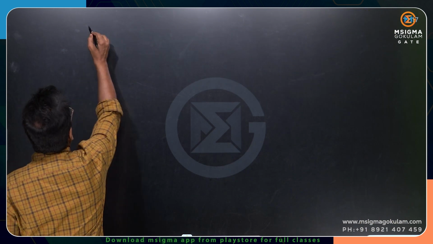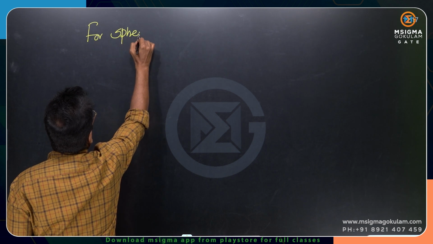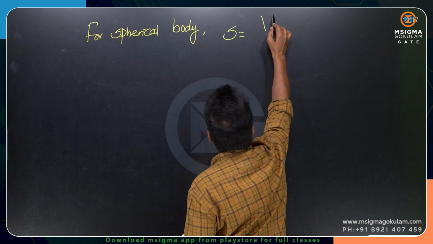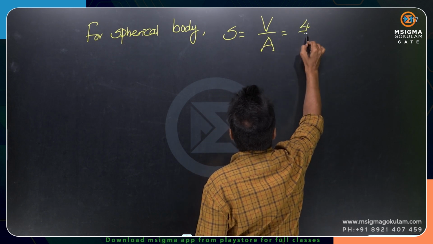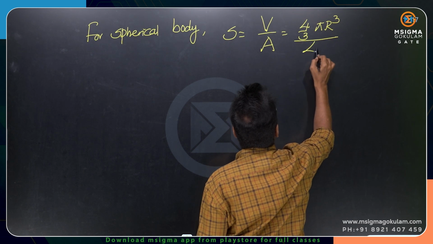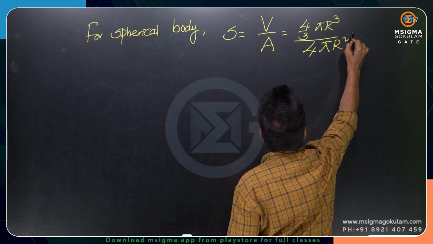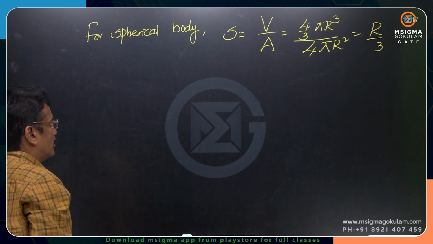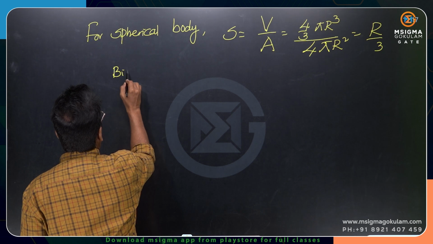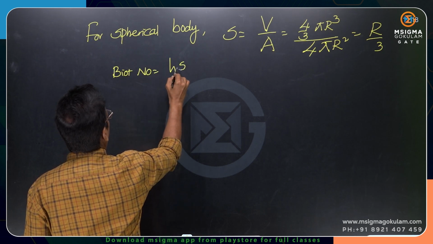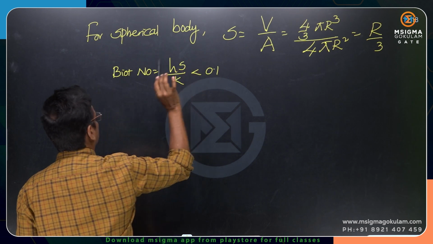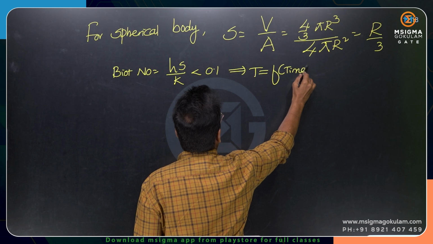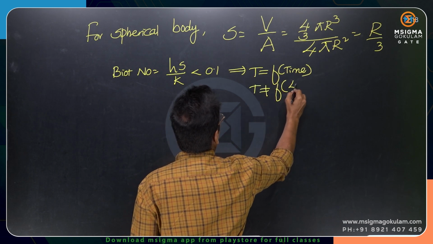For a spherical ball, S is equal to volume by surface area, that is 4/3 pi r cubed divided by the surface area, which is 4 pi r squared. It becomes r by 3 for S. As long as this Biot number, hS/k, is less than 0.1, lumped heat analysis is valid, and temperature is only a function of time, not a function of location or space.